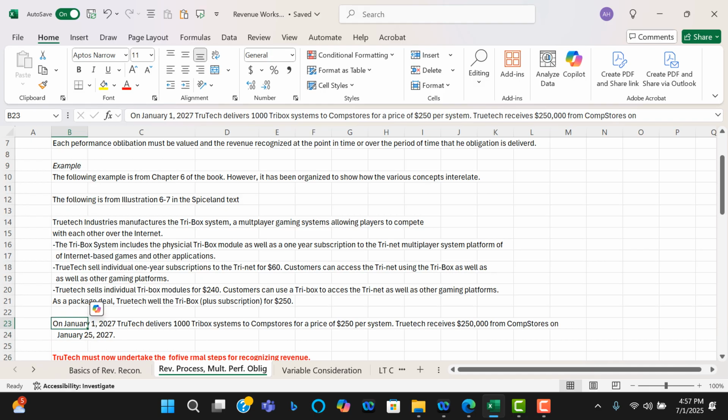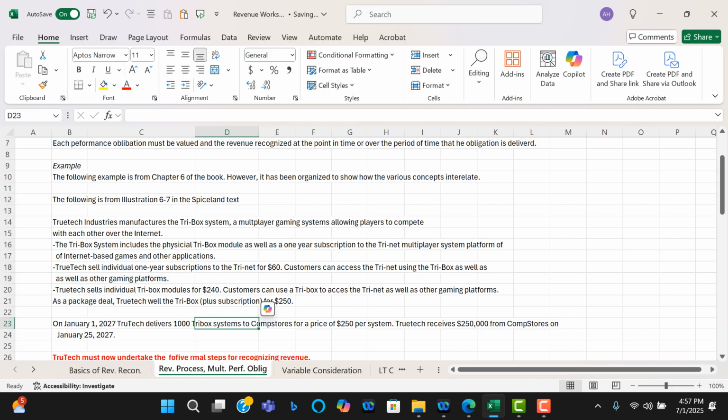So True Tech delivers 1,000 TrueBox systems to CompuStores for $250 per system. They also are delivering with each one of these a subscription to the TrueNet gaming system. So they're basically delivering 1,000 package deals to CompuStores, in which each package deal costs $250.